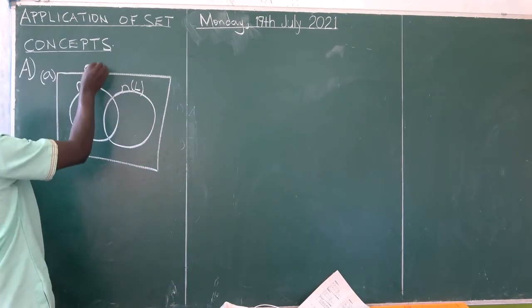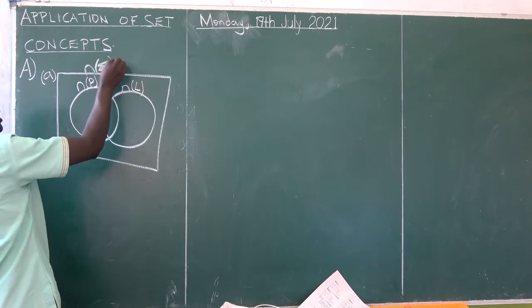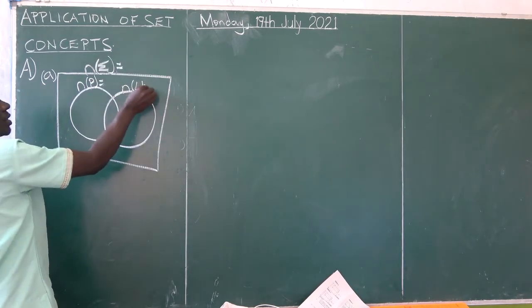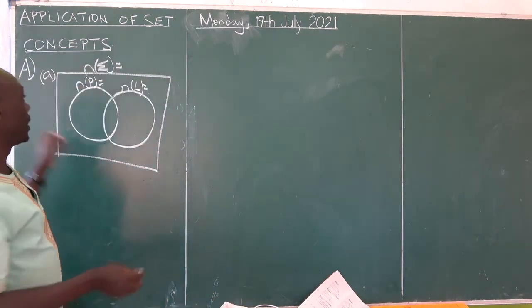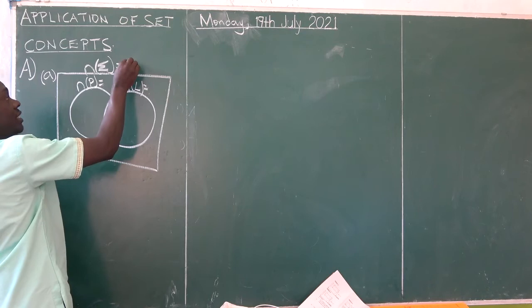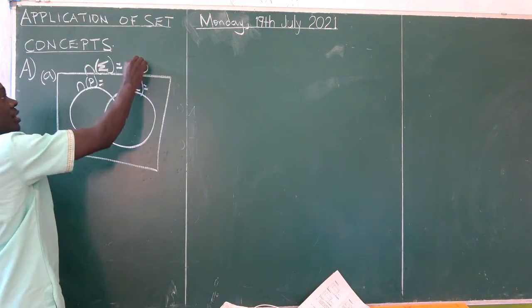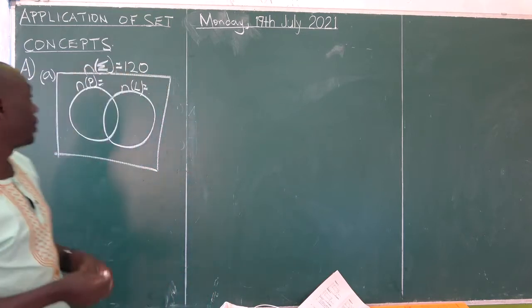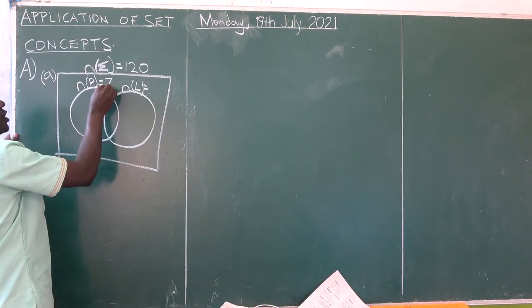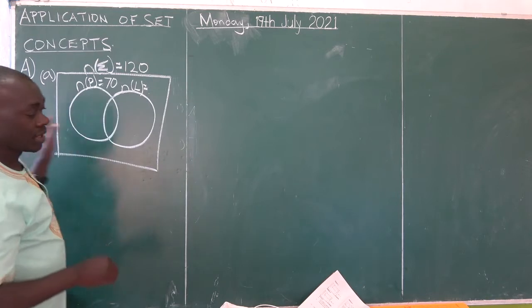And now you say number of elements in the universal set equals, then you follow properly. In a village of 120 rich men, that is the sector called universal. Right, 120 is the universal. 70 have Prado P, put 70 against Prado.